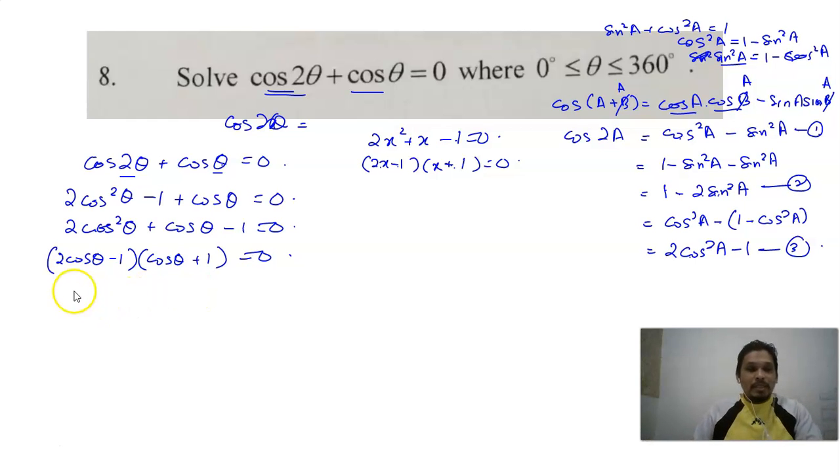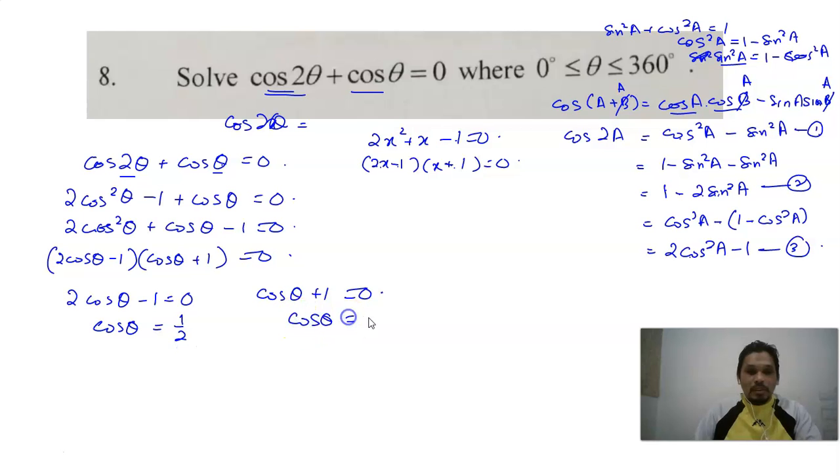Okay, meaning here we got two equations, 2 cos theta minus 1 equal to 0 and cos theta plus 1 equal to 0. Then cos theta equal to 1 over 2, bring the other side to become positive and divide by 2, and cos theta equal to negative 1.